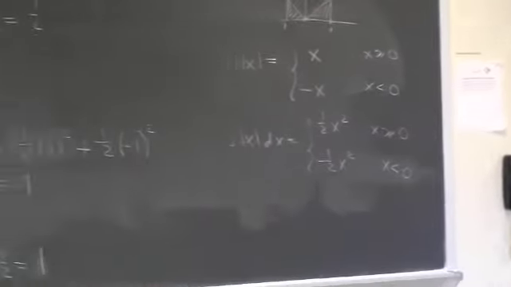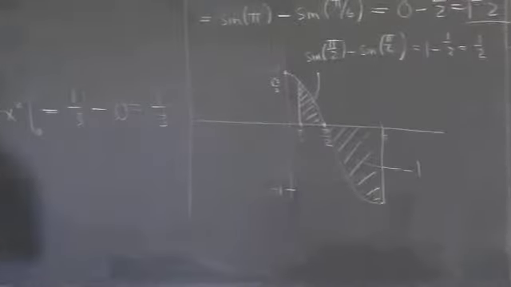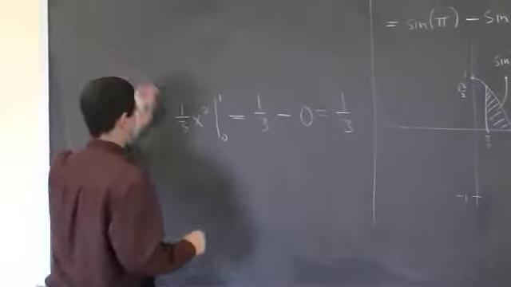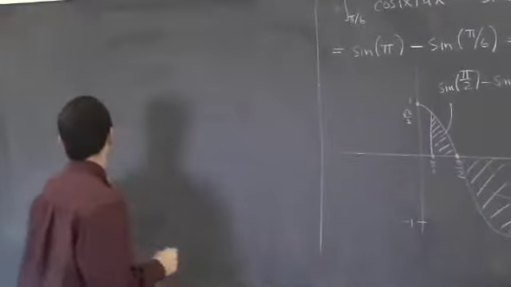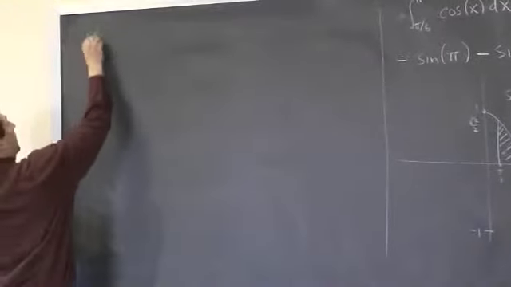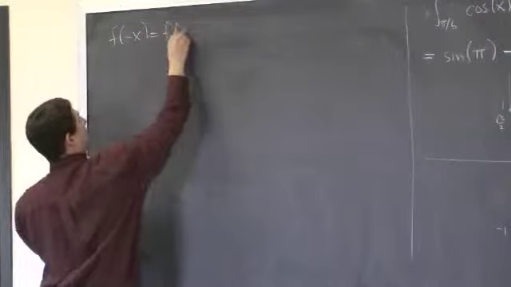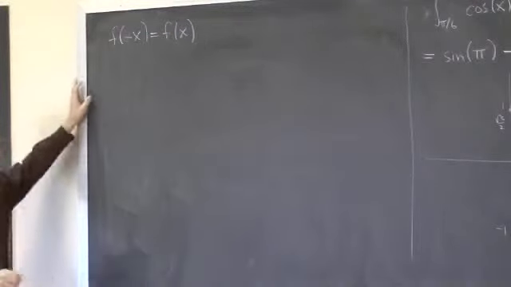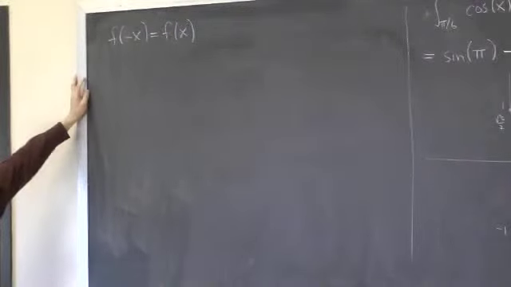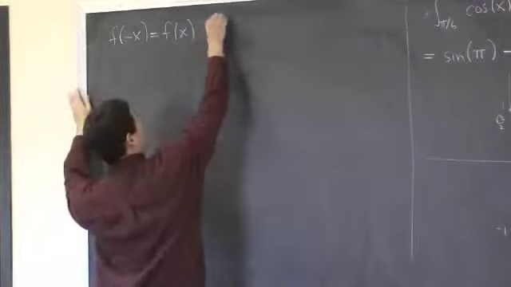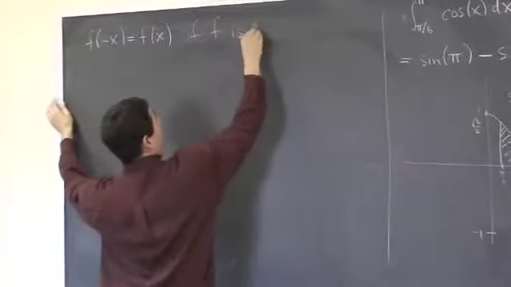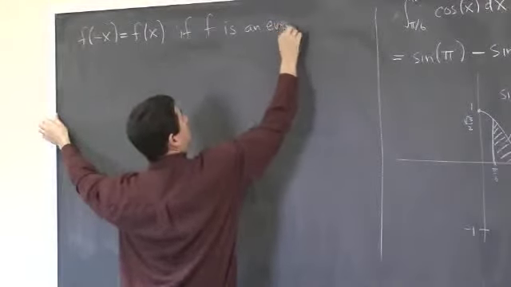Or, to write it down explicitly, if you plug in f of minus x, you get f of x. And you remember what kind of functions those were? And a special name for them. Even functions. So this is if f is an even function.